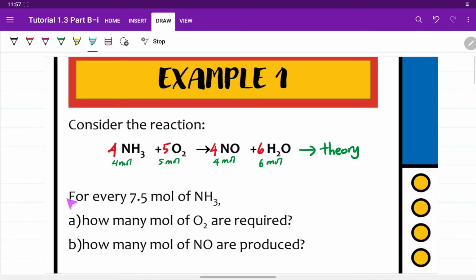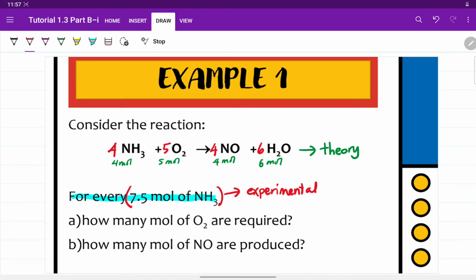Soalan tanya, for every 7.5 mole of NH3. Apa yang awak kena faham dekat sini? Yang ini 7.5 mole of NH3. So this is the value from your experiment. Experimental value. Ni teori. Tapi eksperimen sebenar yang kita buat, kita gunakan 7.5 mole of NH3.